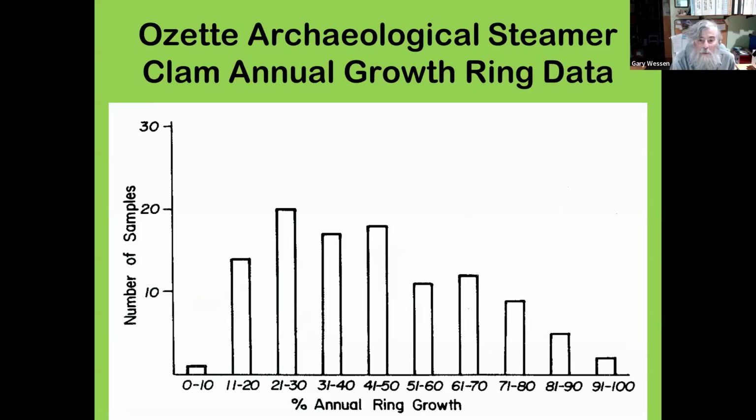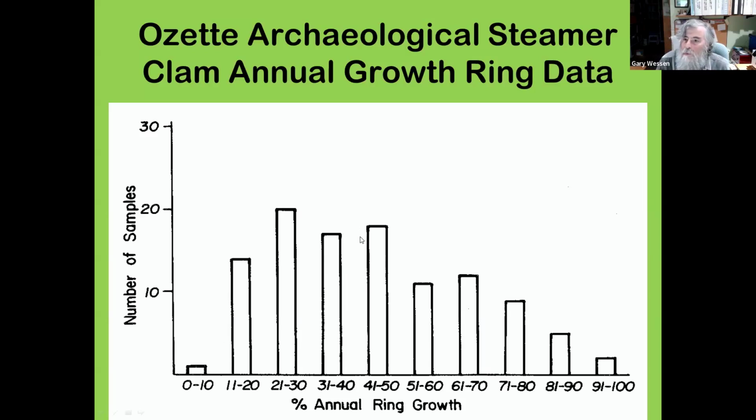When I do that for my 120 specimens, that's what the distribution looks like. And we can see that the highest amount of activity is late winter and early spring, when people who think of shellfish as a starvation resource would say, well, yeah, that's when we'd expect to see people using it.